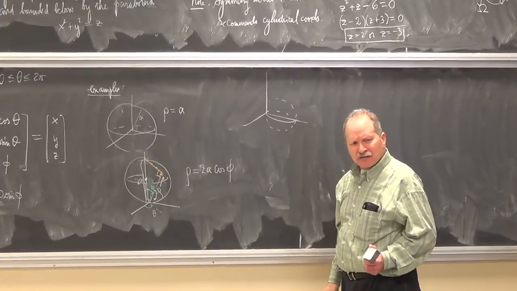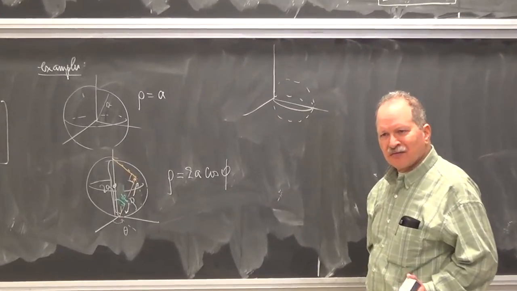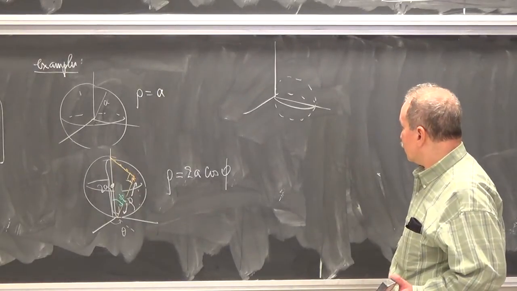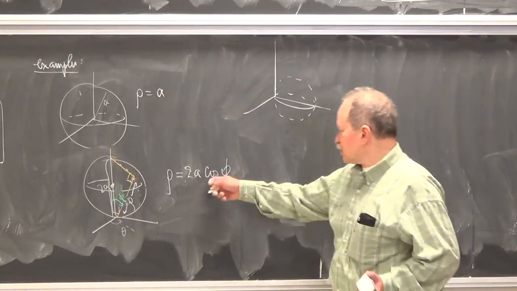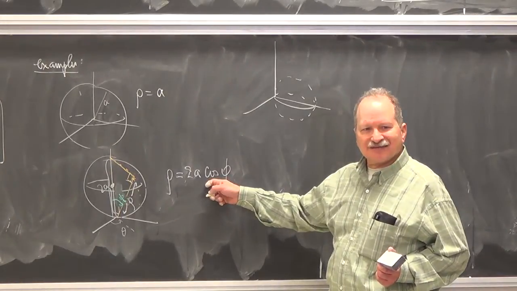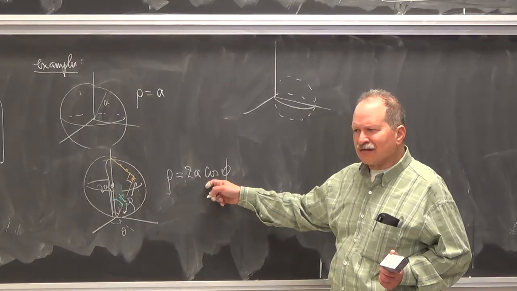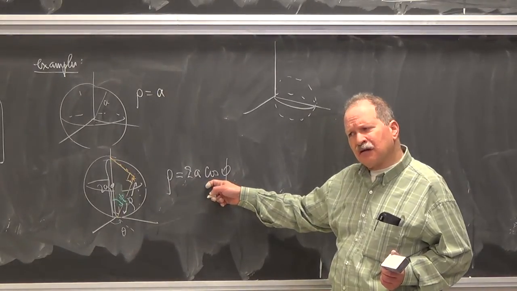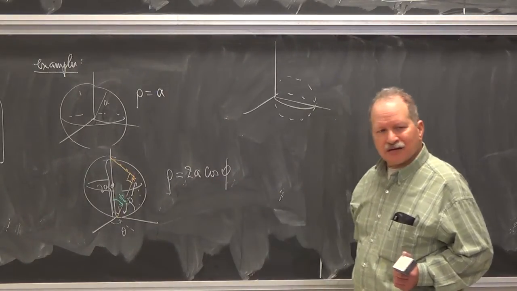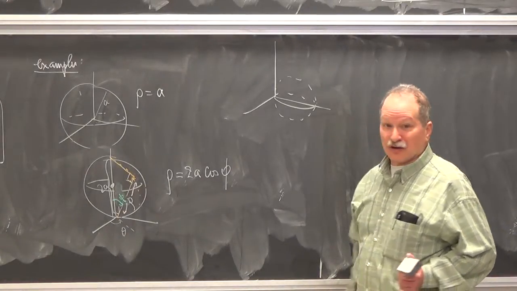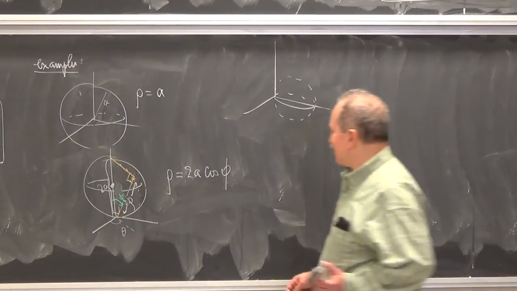Rho in terms of theta? Should I just switch that to a sine phi? It won't have any x-axis.